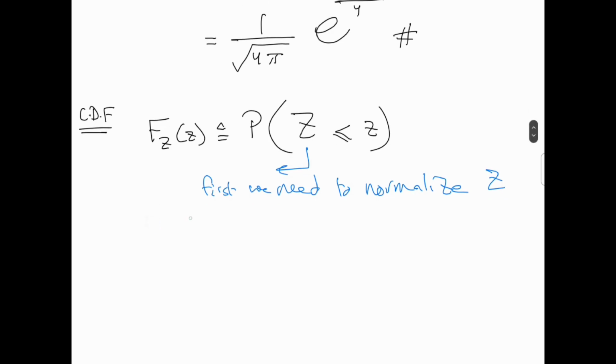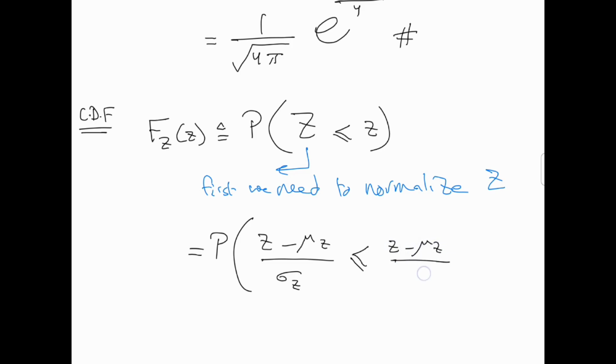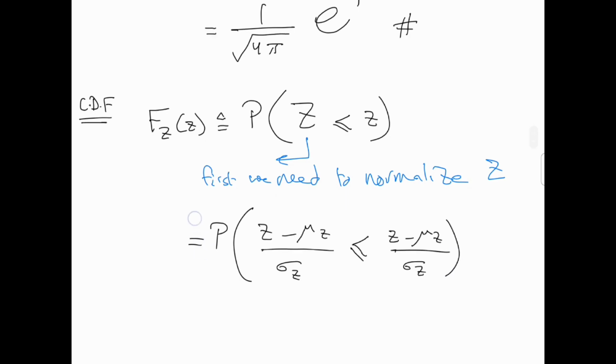And how do you normalize it? By subtracting the variable by its mean and dividing by the standard deviation. And whatever we do on one side of the inequality, we have to do the same thing on the other side of the inequality.